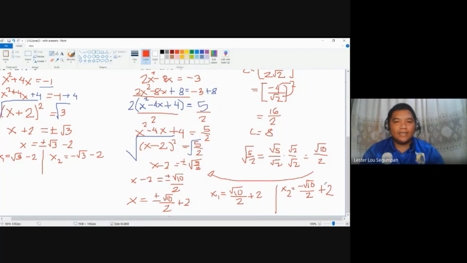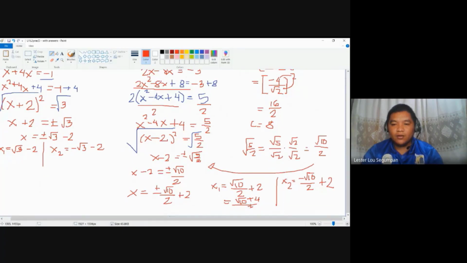If you would like to combine it into just one expression, you may. Take note that 2 is actually 4 halves. This is actually square root of 10 plus 4 all over 2. This is your first root. The second root is negative square root of 10 plus 4 all over 2.